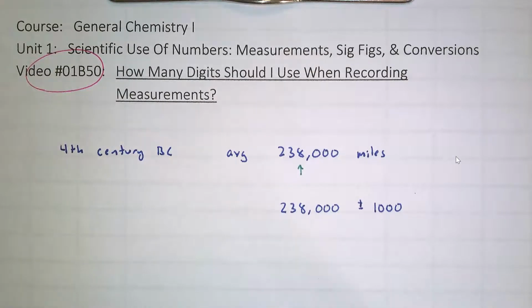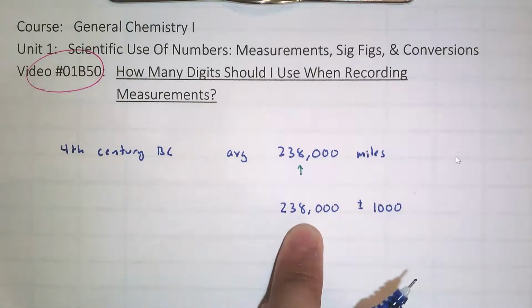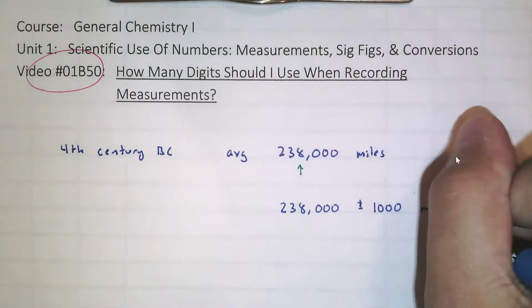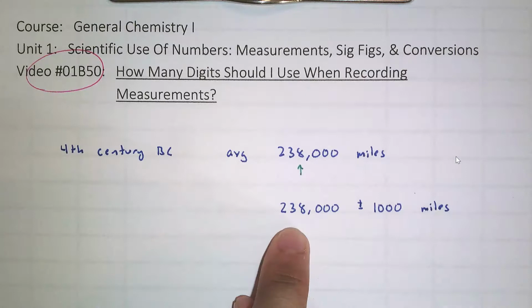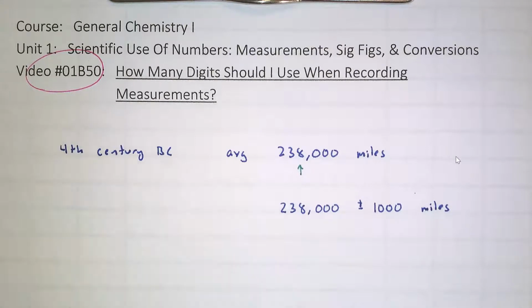And I'll go over why we can safely assume that. But for now, let's say there's an error and that the distance from the Earth to the Moon could be 237,000 miles to 238,000 miles. And there's that range.